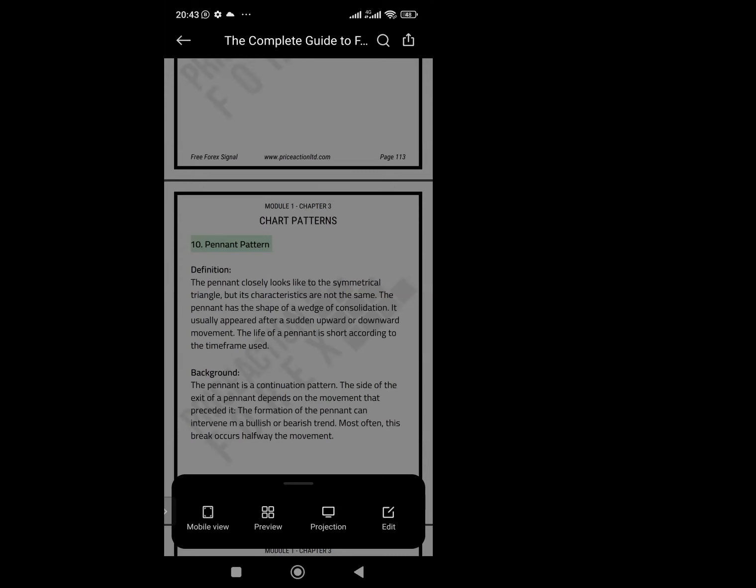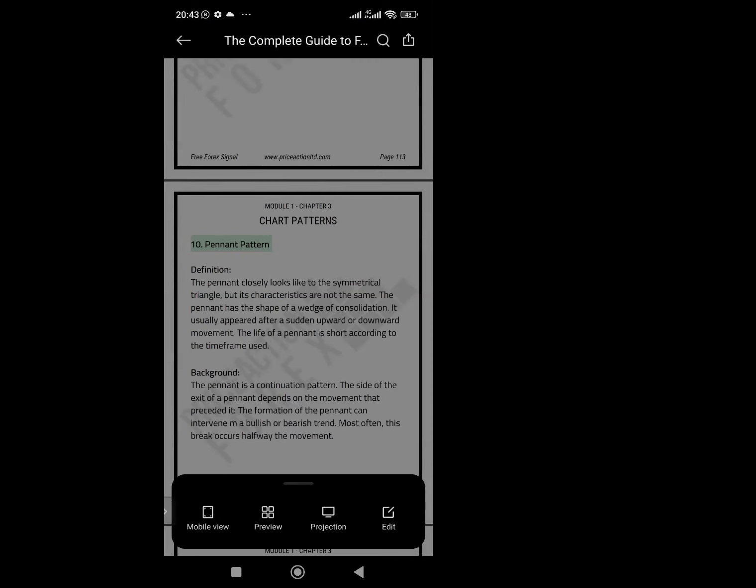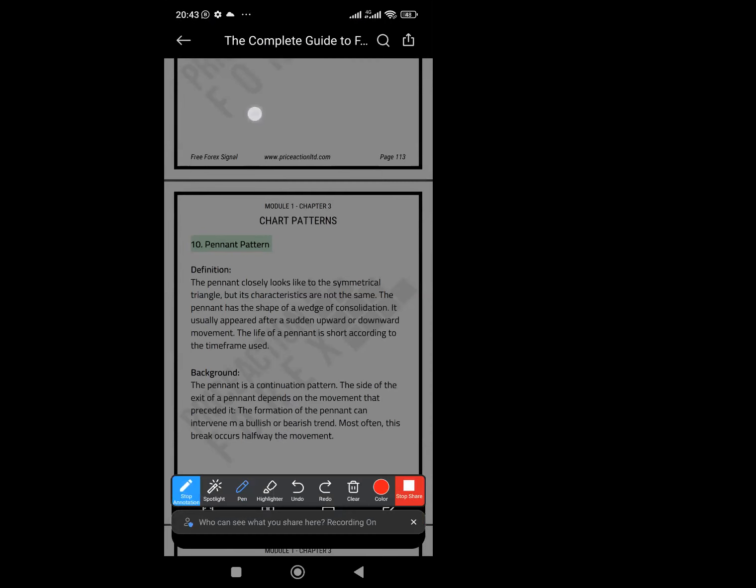So when they say it closely looks like a symmetrical triangle, it means that they look like this, just like your symmetrical triangle, and they say it's a continuation pattern. So which means if we see a bearish pennant, whenever the market is bearish, you should be able to see a bearish pennant.